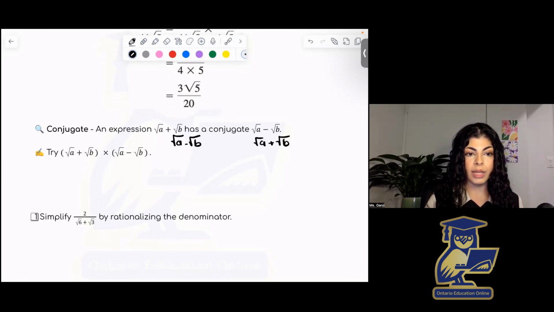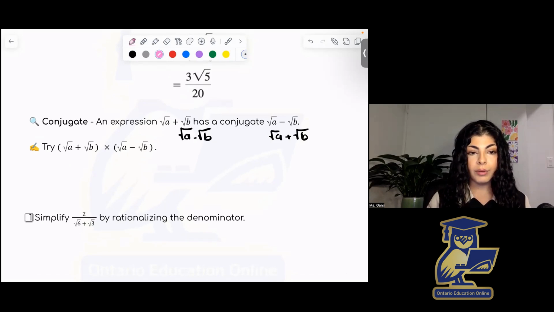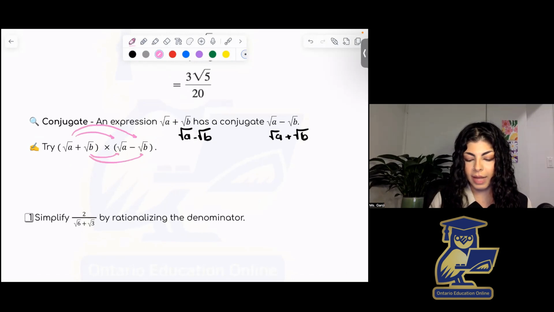I'll give you a moment to try this on your own to multiply these two square roots. If you try to expand using FOIL, we first multiply the first terms, the outer terms, the inside terms, and the last terms.